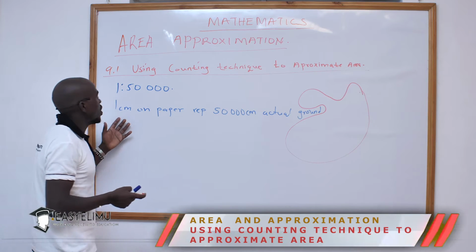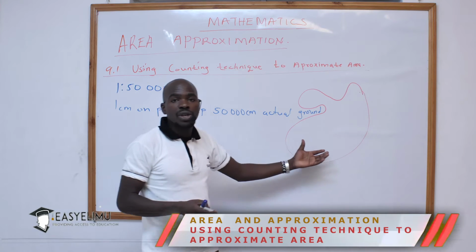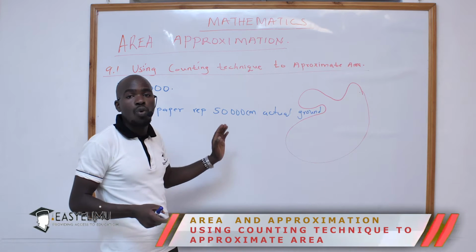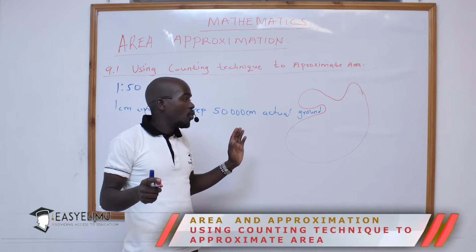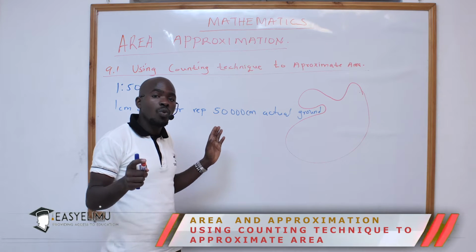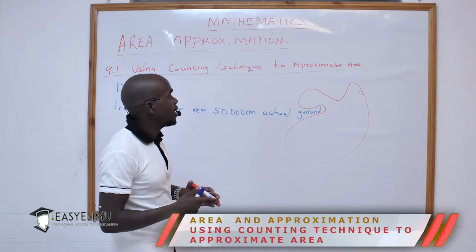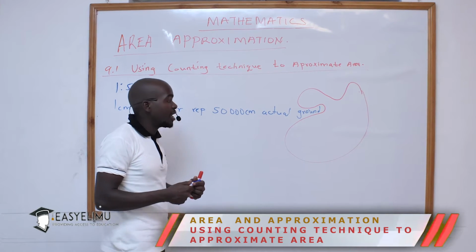What you will do is trace this figure as it is, then transfer it to a full paper that has been well ruled with 1 centimeter squares, and then calculate.